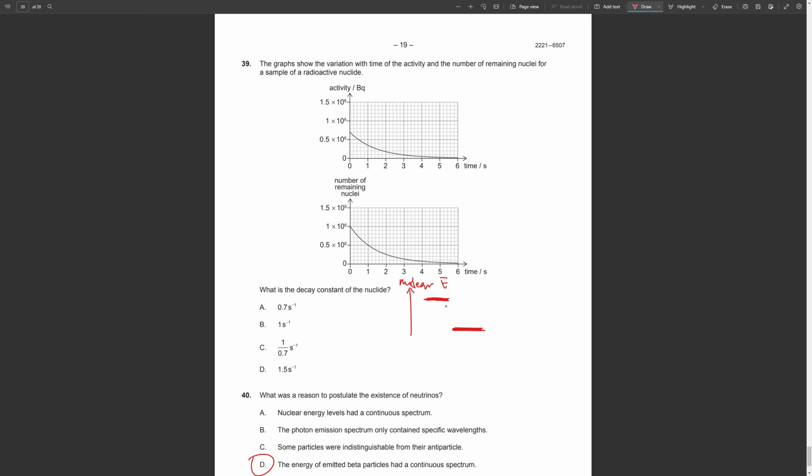And such an energy change is done by releasing a beta decay. For instance, it was 10 joules, and then it goes to 8 joules. Then the difference, therefore 2 joules, is carried by the emitted particle.